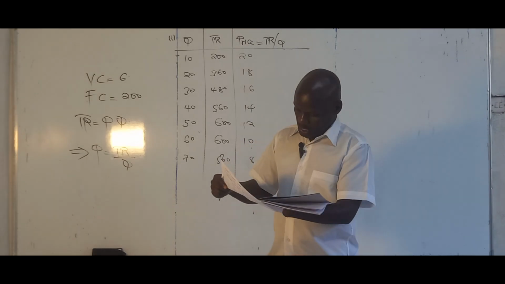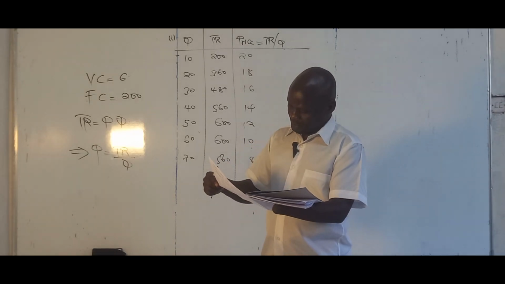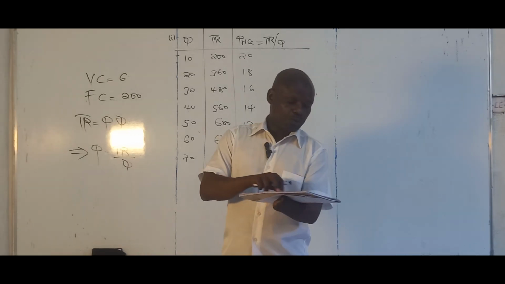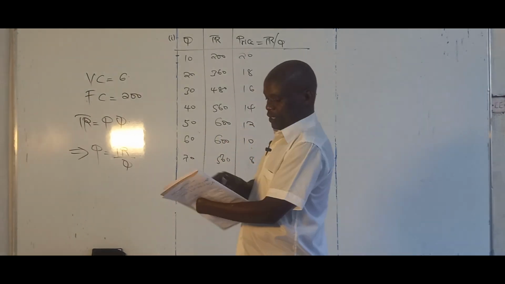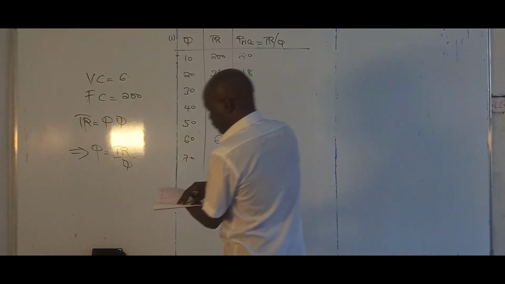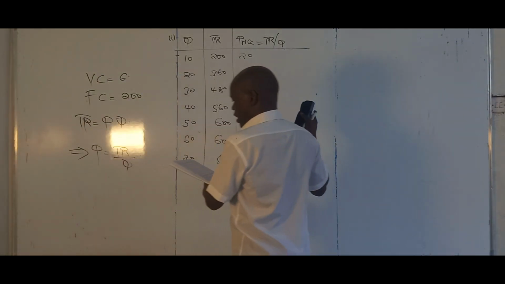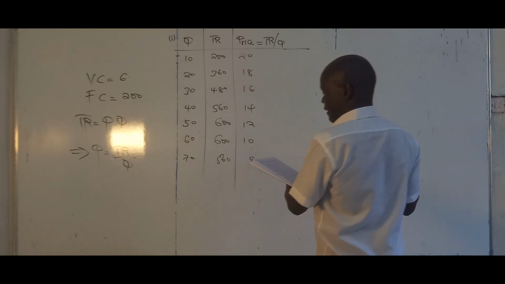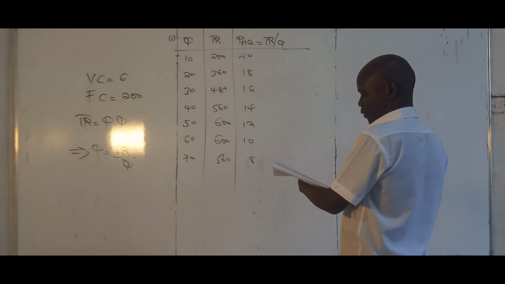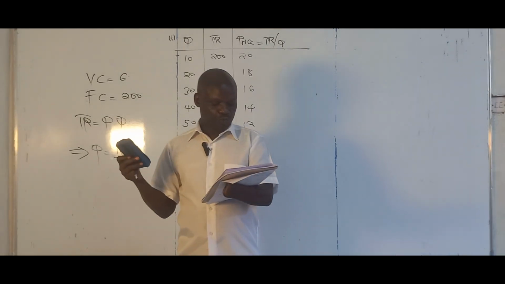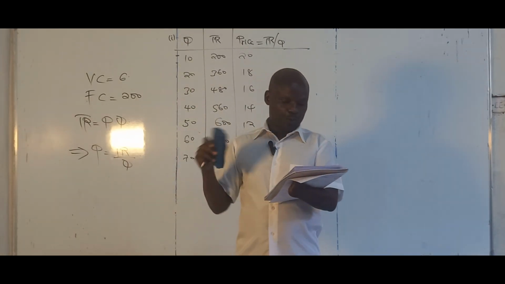Roman 2. Calculate the profit maximizing output of the firm. Now, first the condition that we need to meet at profit maximizing output.